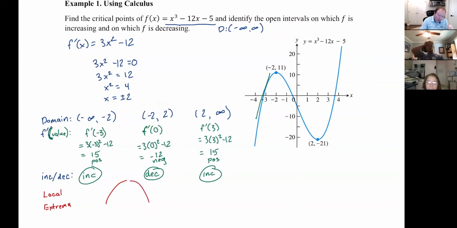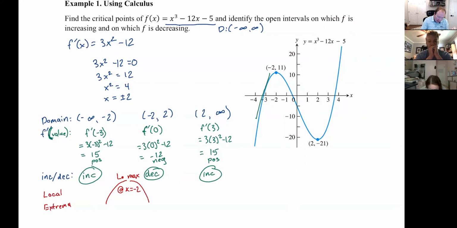So whenever you have this switch where you go from increasing to decreasing, you have an extreme value. In this case, you have a local maximum. And that's going to be at x equals -2.